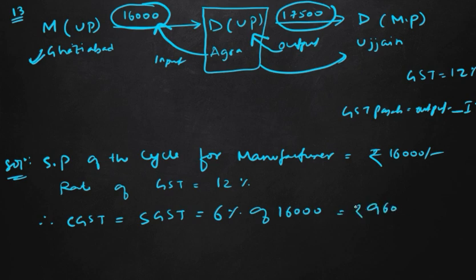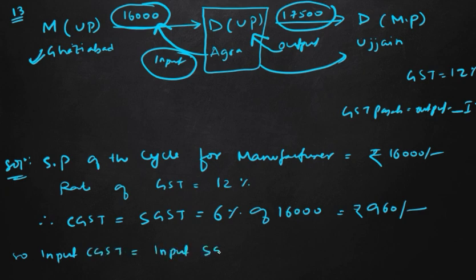So this is the CGST and SGST, and this CGST and SGST will be the input CGST and input SGST for the dealer in Agra. Okay, so we can write input CGST equals input SGST. Again, you have to write for whose input or output it is.